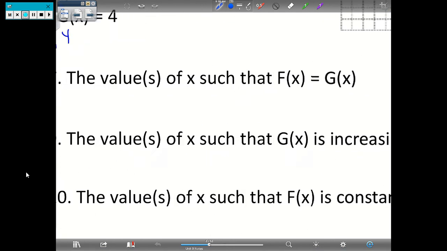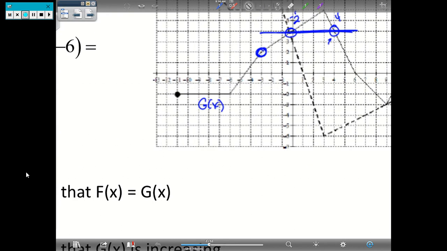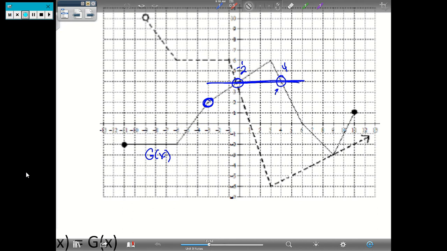We want to find the values of x such that f of x equals g of x. Okay, so we want the y values of each to be the same, right? So that's basically where they intersect. So let's look at that. Okay, so let me do a little bit of erasing so we can see what's going on here. Okay, so we would like to see where they intersect, where their y values are the same.